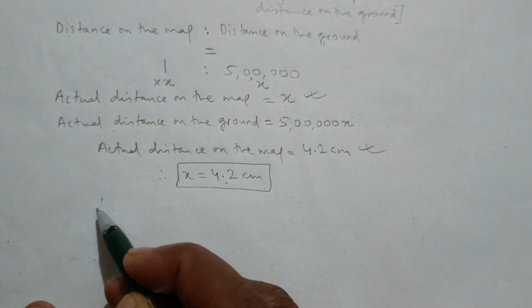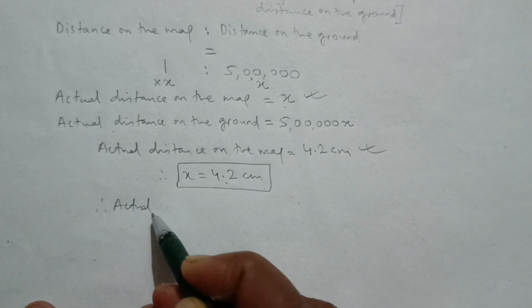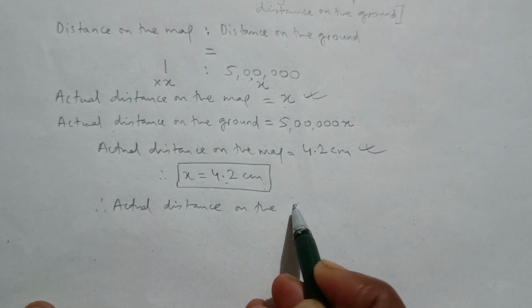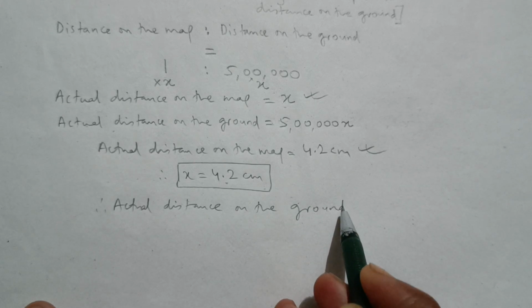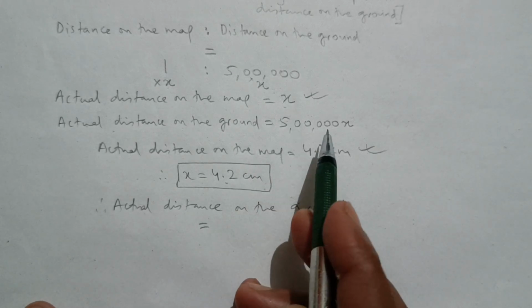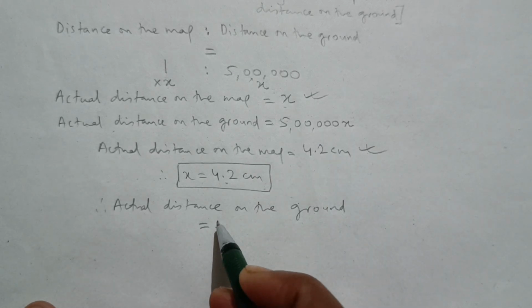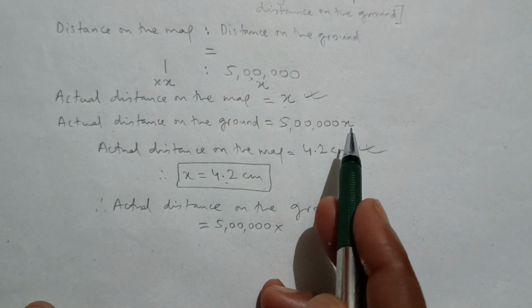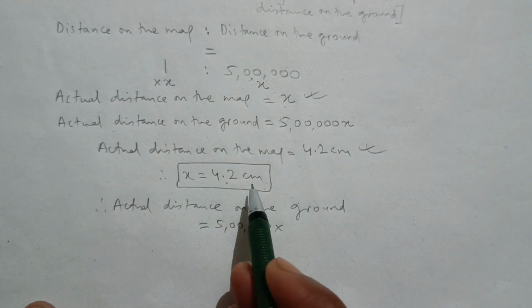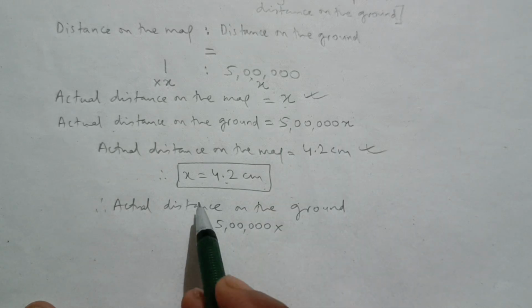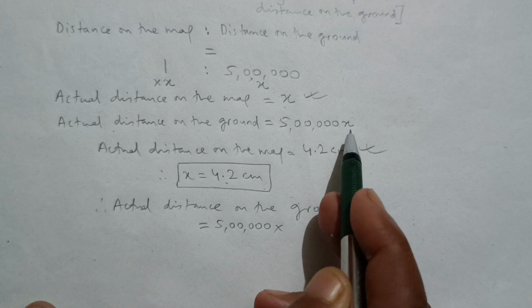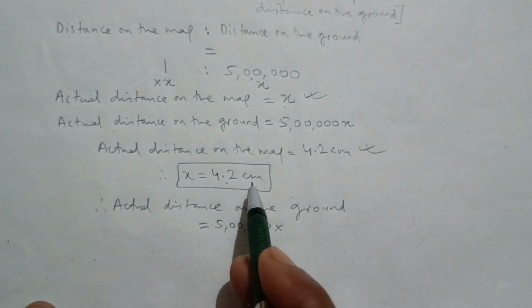So actual distance on the ground will be 5 lakh multiplied by x. The value of x is 4.2 centimeter, so instead of x, I am writing its value, 4.2 centimeter.